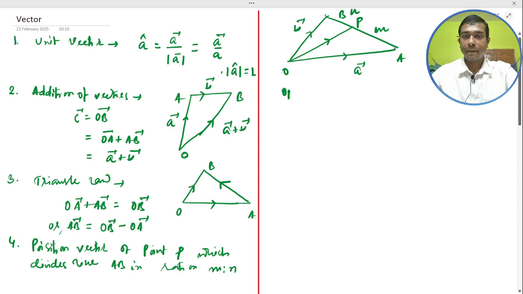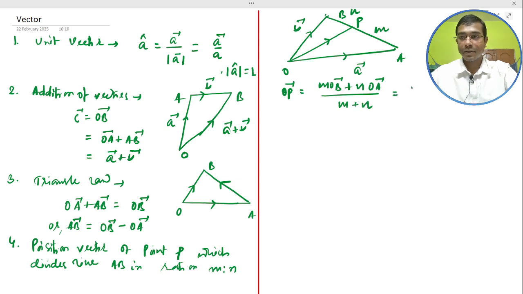So OP is equal to m OB plus n into A vector divided by m plus n. This is nothing but mb plus na divided by m plus n.